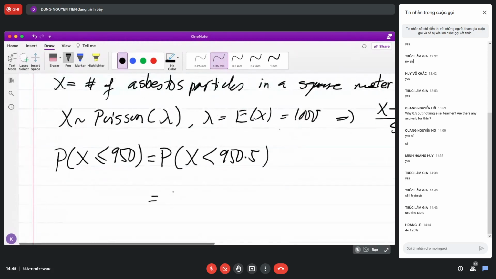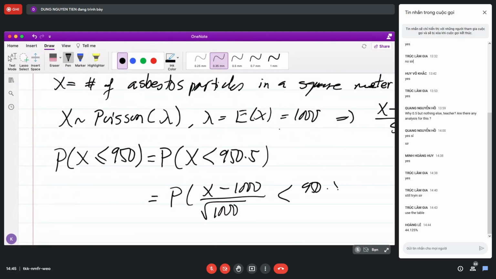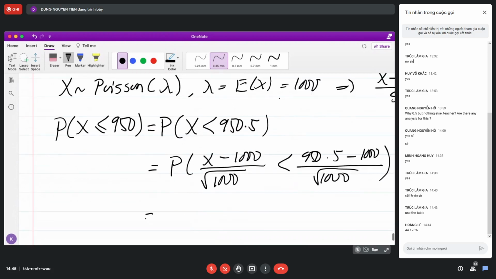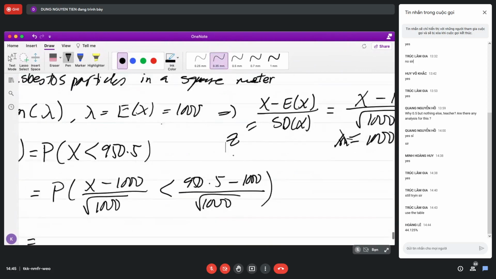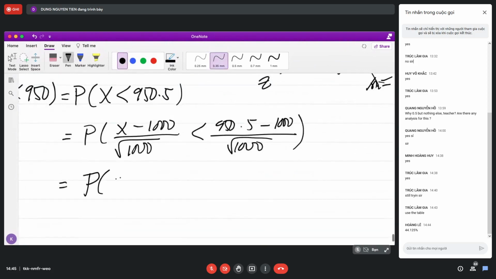Then you get the probability that (X minus 1000)/√1000 is less than (950.5 minus 1000)/√1000. Let's denote this by Z. Then I get the probability that Z is less than this number.